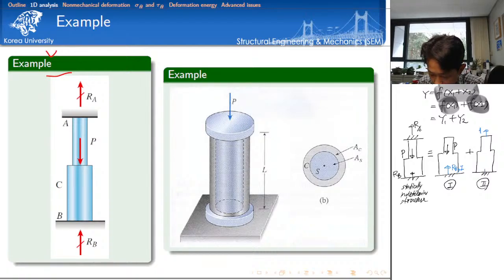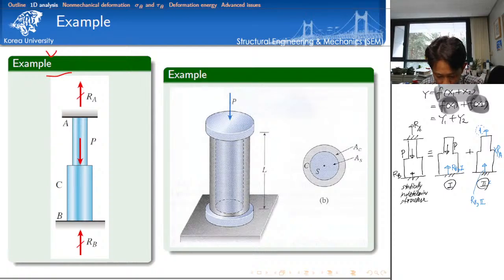And then here we must have the reaction, but this time, because now I'm working on system 2, and because we don't know the magnitude of the reaction, I need to multiply by the magnitude of the reaction, the actual RA.